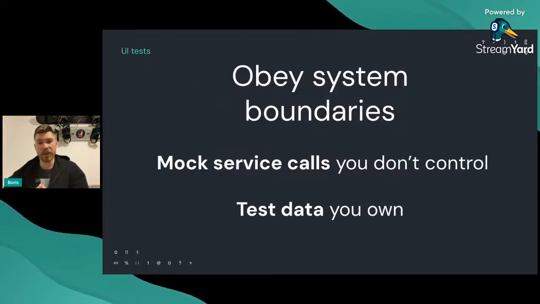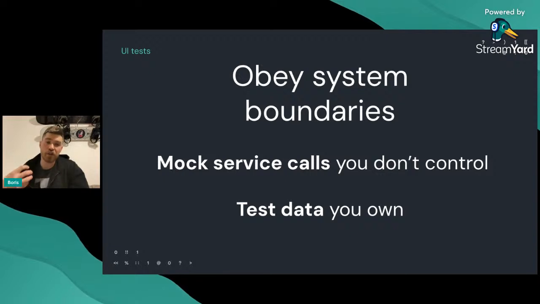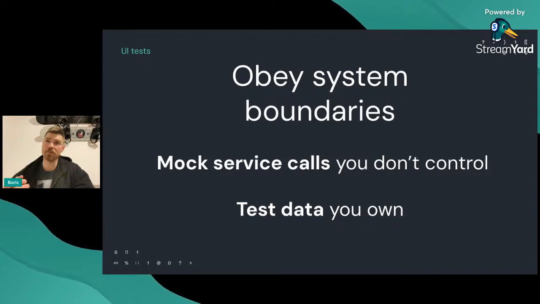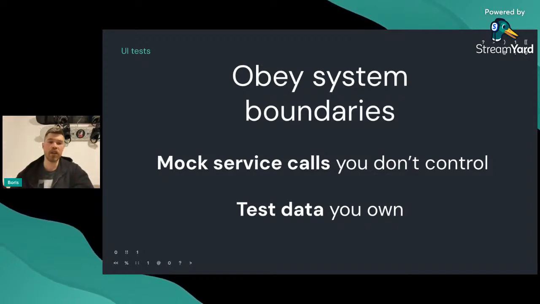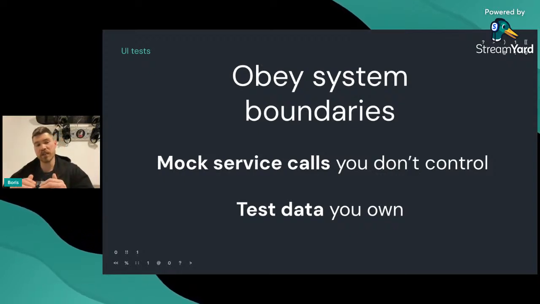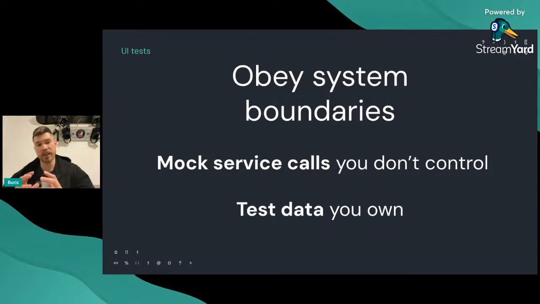One important thing with UI tests is that they should obey system boundaries. If your software is communicating with APIs, services that can come from teams in your organization or third-party services, you want to isolate yourself from these and mock calls to these services so that your tests are isolated.